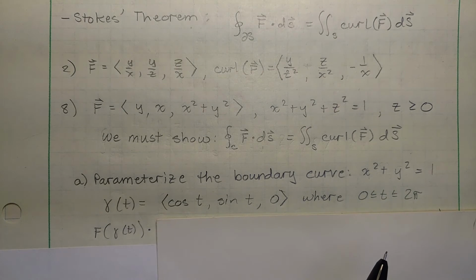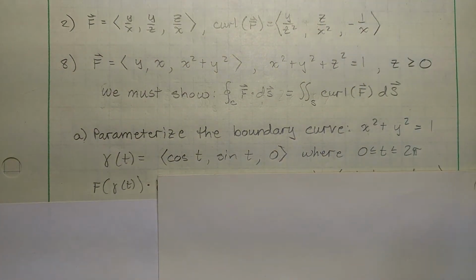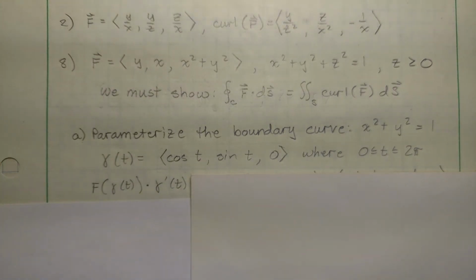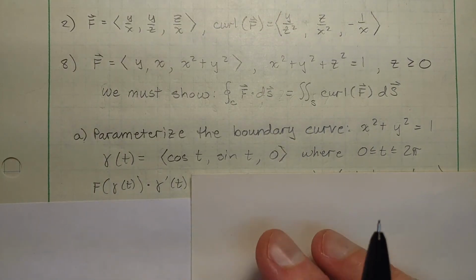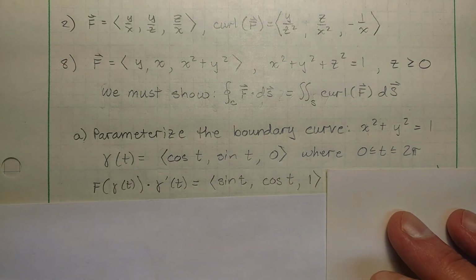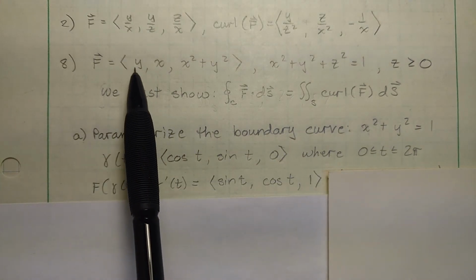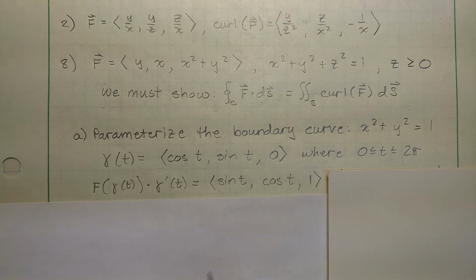In order to do that, we're going to have to take our parameterization and put it into our vector field f, and we're going to have to multiply that by the derivative of our parameterization. That's our ds there. So doing that, we see that this is our vector field here with our parameterization plugged in.